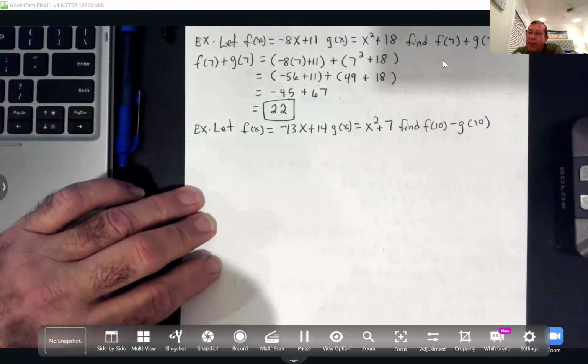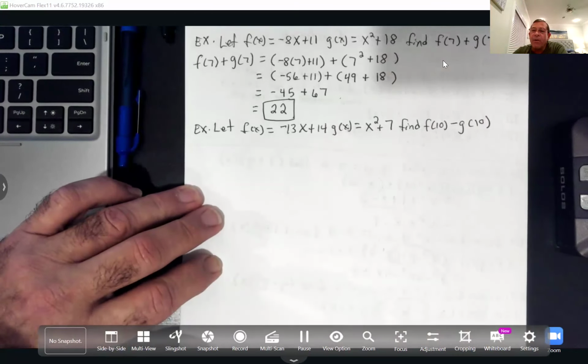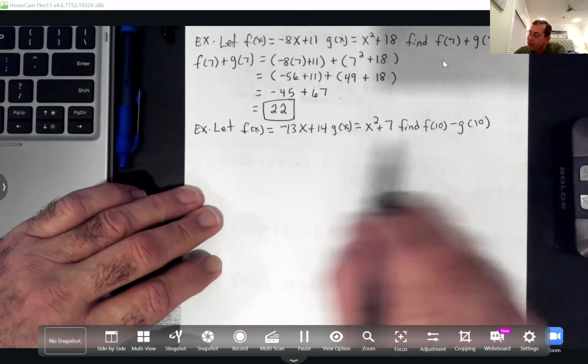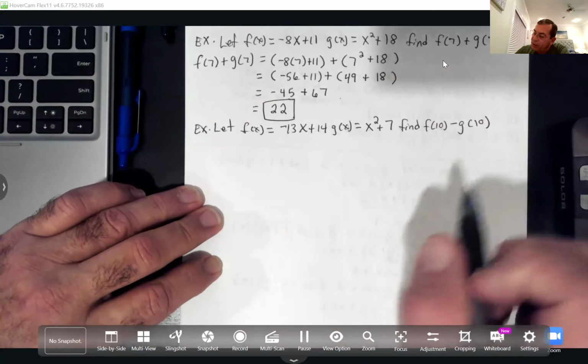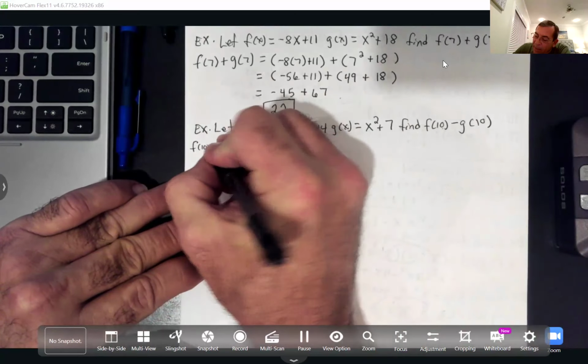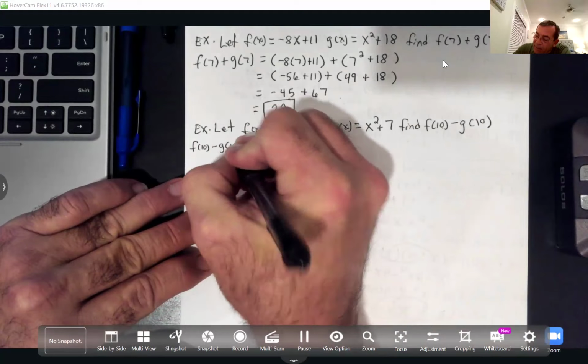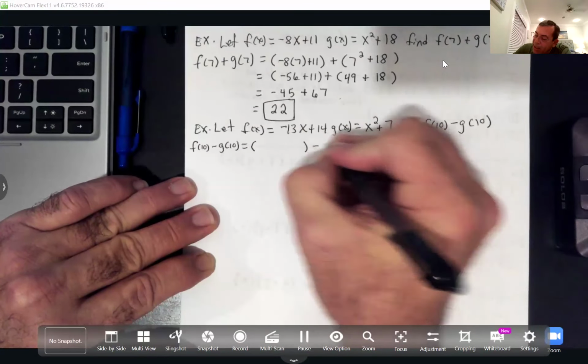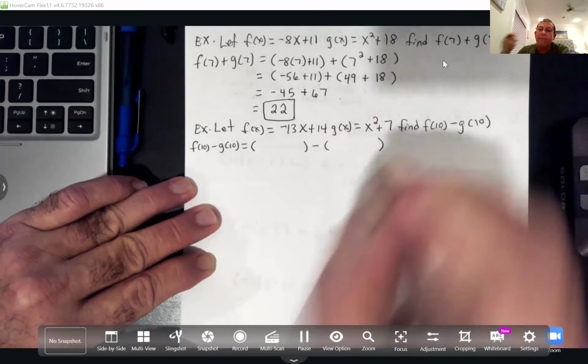Now, this one's tricky because you're going to have negatives running everywhere. But I do know they want me to put a 10 in for the x's on both of my functions. So y'all, here we go. F of 10 minus G of 10 is going to equal my F minus my G.